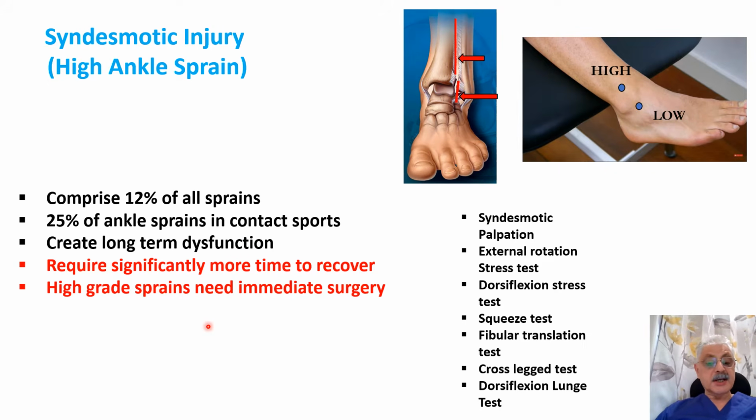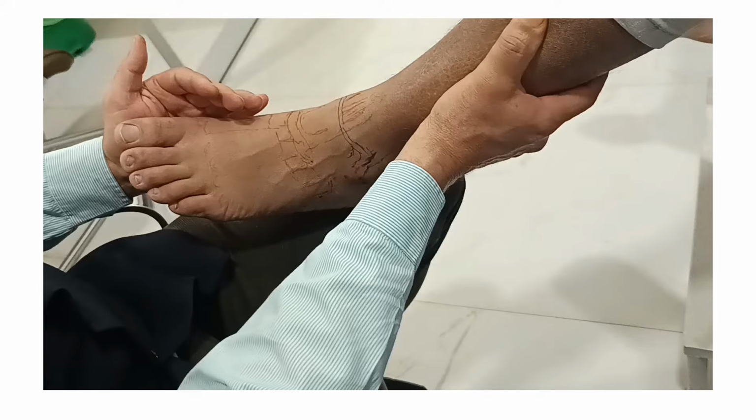There are special tests which are positive both in the acute and the chronic injuries, and these tests need to be done to exclude any syndesmotic injury. And in the next few minutes, I am going to demonstrate these tests to you.